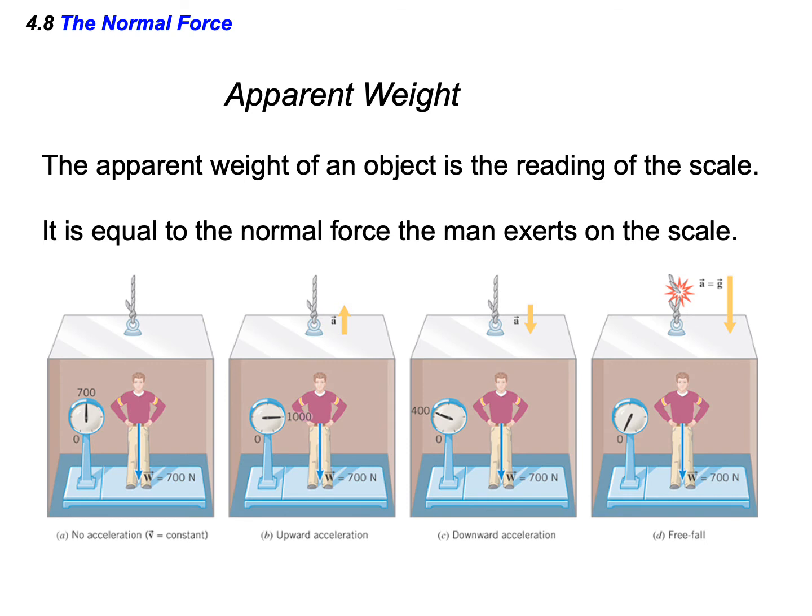Apparent weight. When you are inside a vertically moving object, for example an elevator, depending on the direction the elevator travels, if it is going up or downward, your real weight can change.